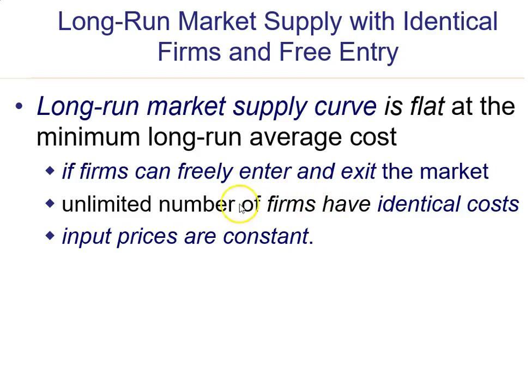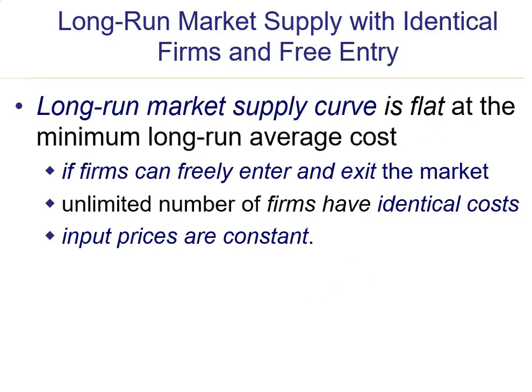Second condition, there is an unlimited number of firms that have identical cost. And the third assumption needed to have this flat long-run market supply curve is that your input prices must be held constant, not changing as more firms enter, or firms exit for that matter.